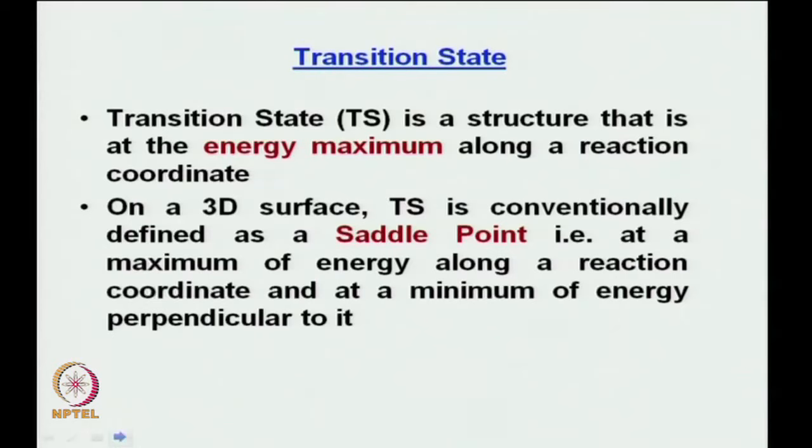Remember, there is not one reaction coordinate, there can be many reaction coordinates, right. A couple of bonds might break, not exactly one bond. In that case, you can take one bond to be the reaction coordinate, you can take the other bond to be the reaction coordinate. So, the reaction coordinate is not just one, it can be multiple. For molecules where you have only a few bonds breaking, the reaction coordinate is essentially those few bonds.